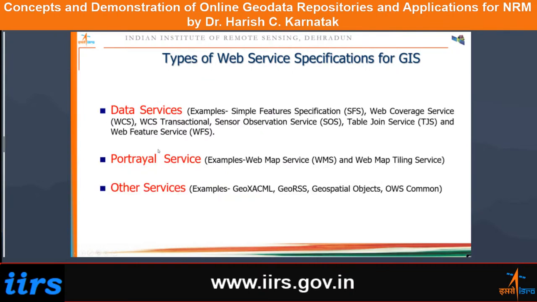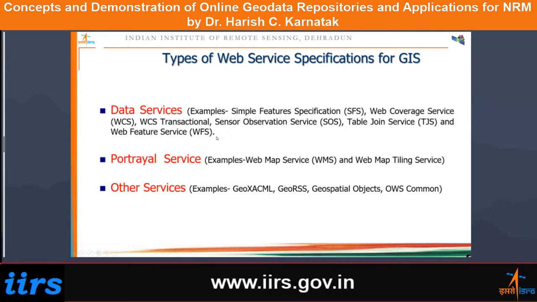Similarly, for data services, they have standards like Simple Feature services for vector data, Web Coverage Service for raster data, WCS transaction services, Sensor Observation Service, table join services, and Web Feature Service. These are examples of data services. What does it mean?